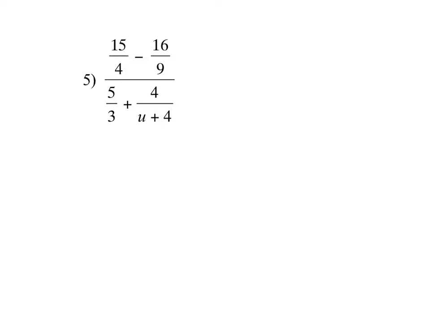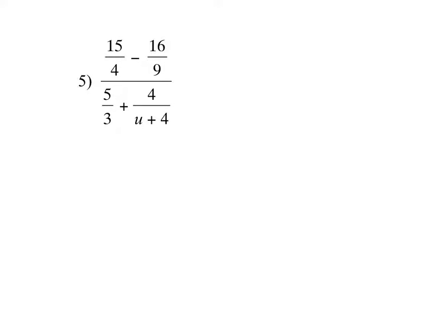The next one, now I have to simplify on both parts, right? Right here, my common denominator is 4 times 9, so that means that I'm multiplying times 9, and here times 4. On the denominator, my common denominator is going to be u plus 4 times 3, so u plus 4 here, and 3 over here.